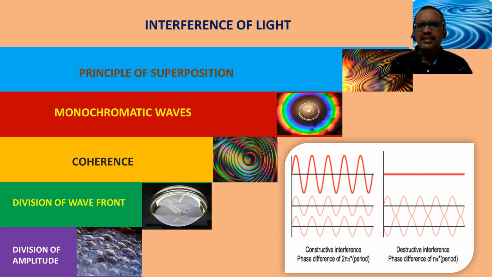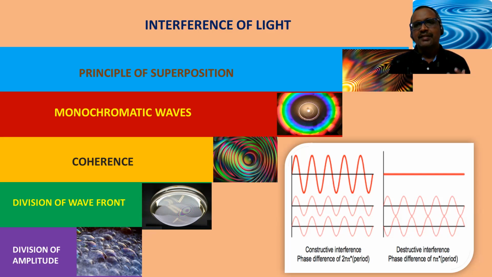If the amplitude is the same, A minus A is 0, or Y minus Y is 0, therefore the displacement is 0, the amplitude is 0, therefore intensity is 0. So here it is Y1 plus Y2, here it is Y1 minus Y2. If both Y1 and Y2 are the same, here the intensity is 0. This is called destructive interference.